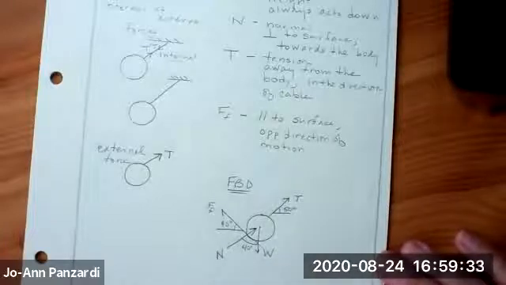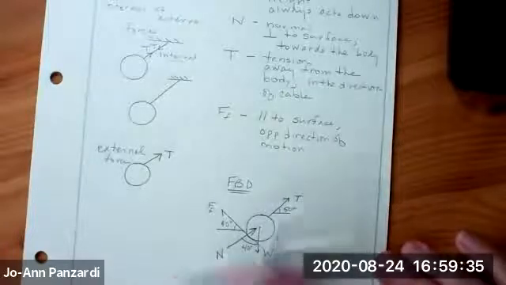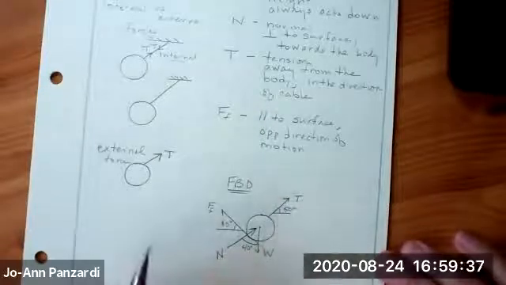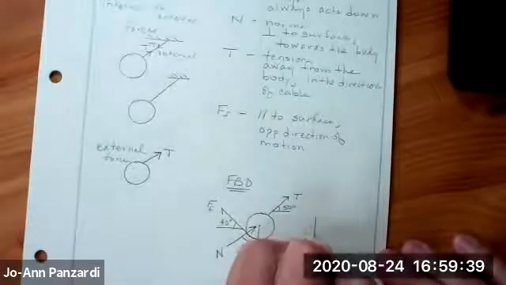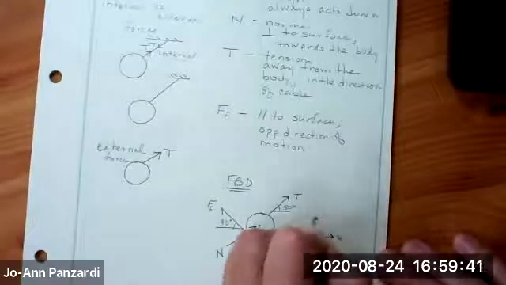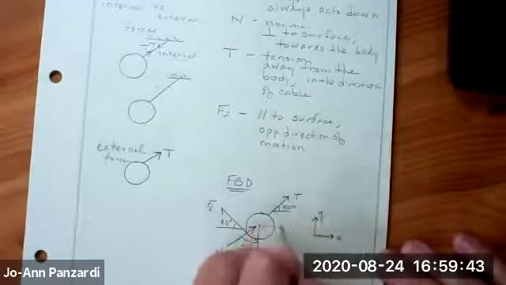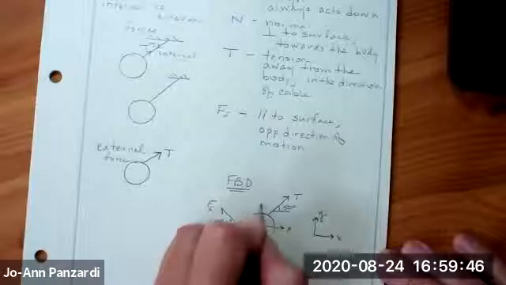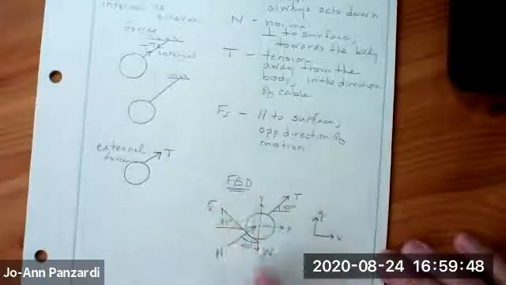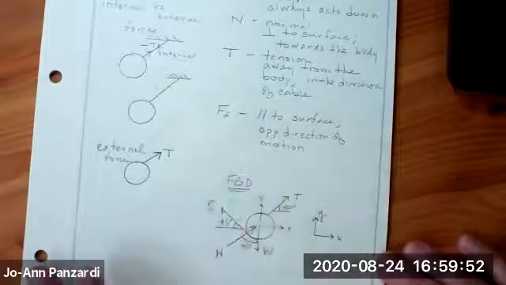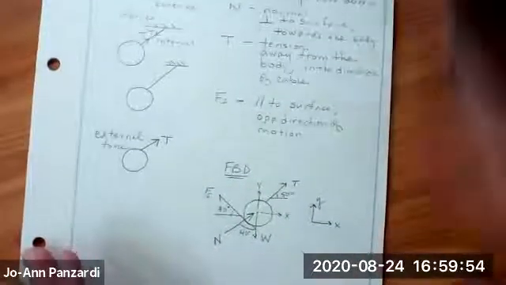Now, what else needs to be on this diagram? We need to have a positive X and Y axis. So I'm going to just draw it off to the side, but you could draw it on it if you want. Here's my X axis and here's my Y axis. And you could orient your X and Y axis any way you want. You could choose to orient it at a different angle, rather.